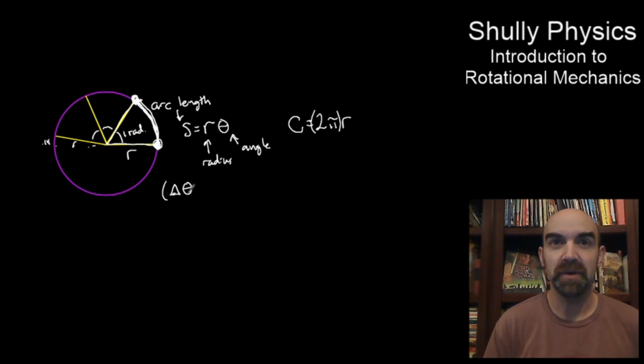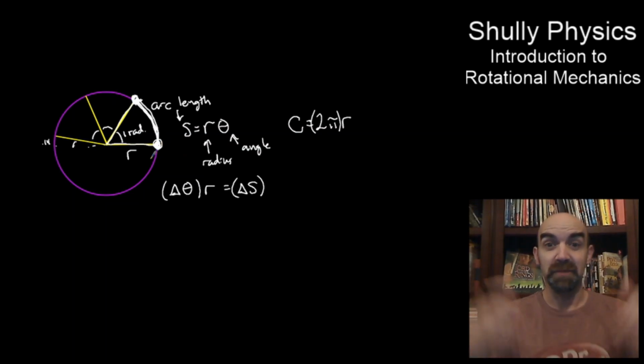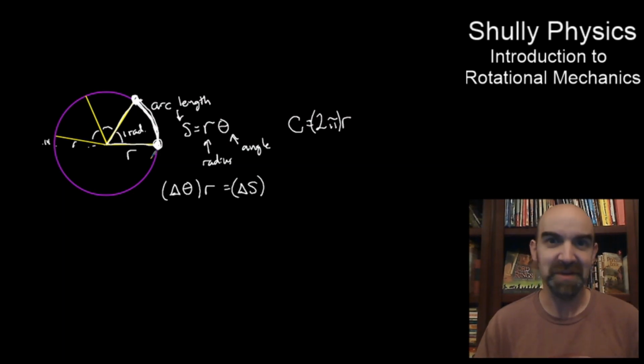If I multiply that change in angle by the radius, I'm going to get a change in what we can call the position around the angle, around the outside of the circle. So my hands traverse an arc position, a position around that circle, if we multiply radius times the change in angle.